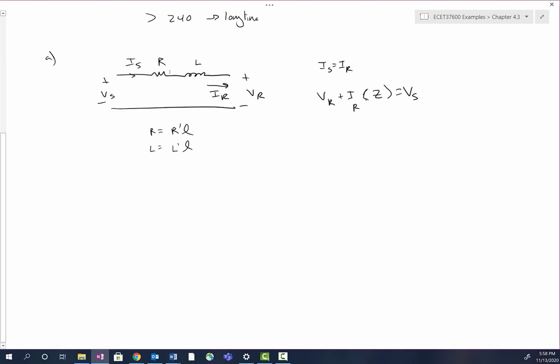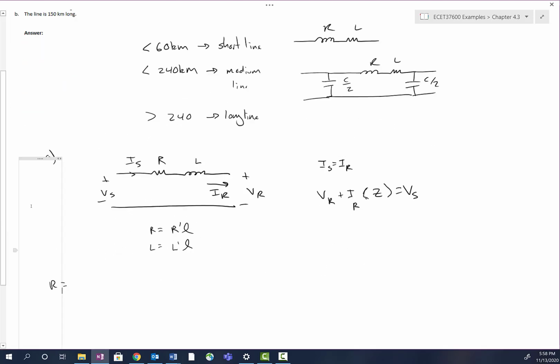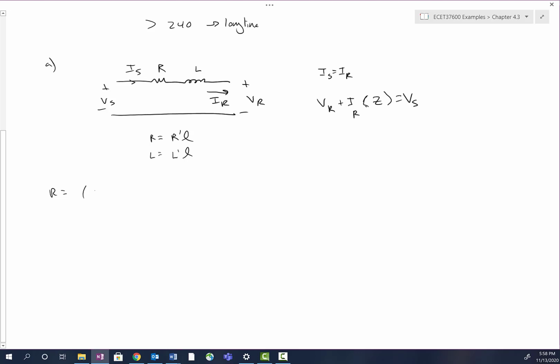So let's go ahead and calculate our model values first. R, the value we were given in this example, was 0.00893 ohms per kilometer, and the length of this line was 50 kilometers. Multiply those together, you get 0.4465 ohms.